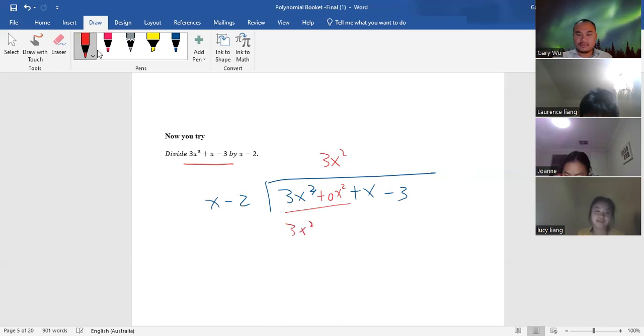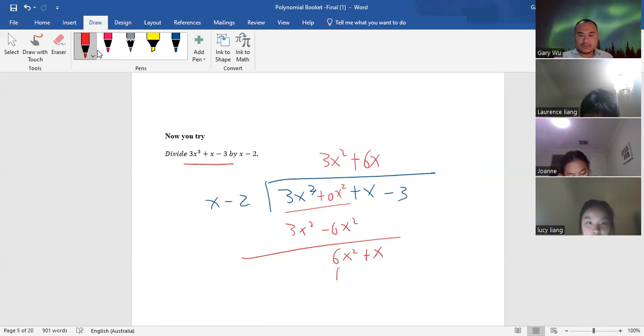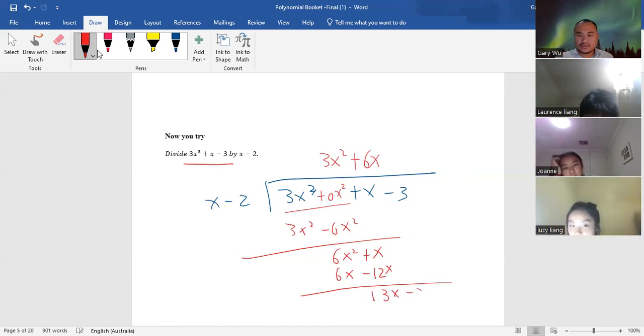So it becomes minus 6x squared, and then this one therefore will become 6x squared plus x, right? And therefore it would be plus 6x. Minus 12x. It would be 13x, 13x minus 3.